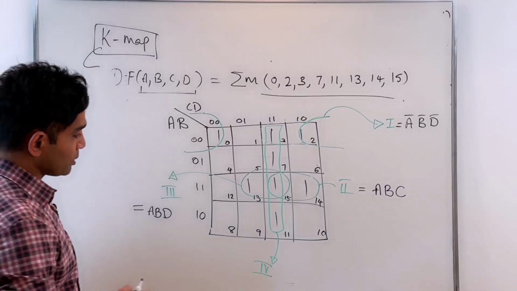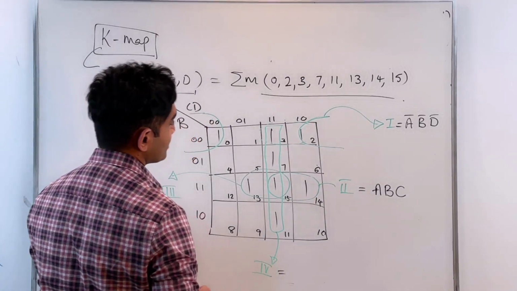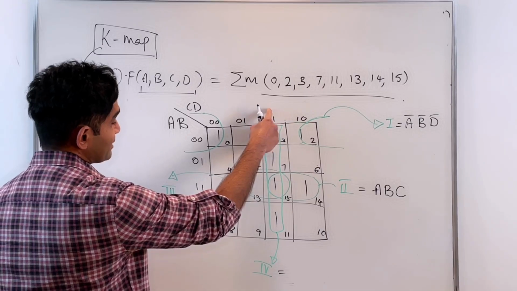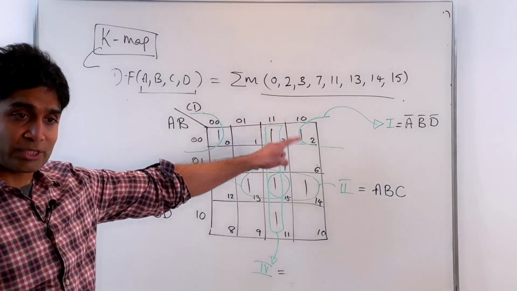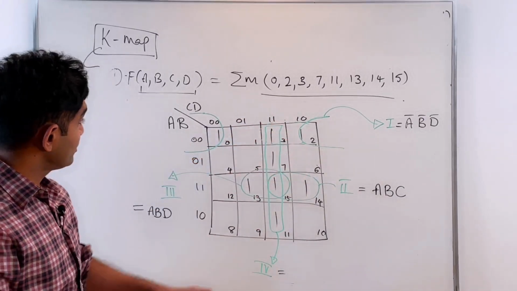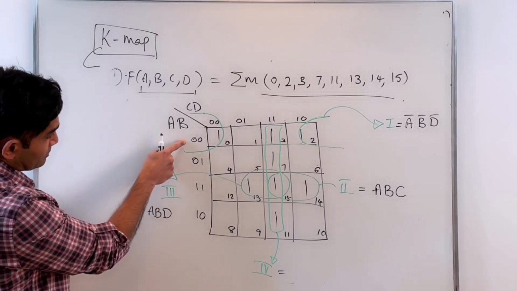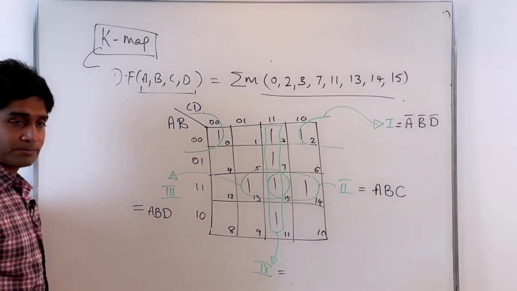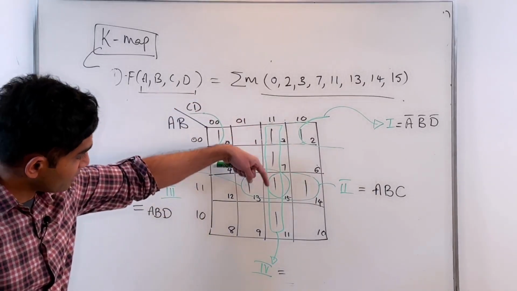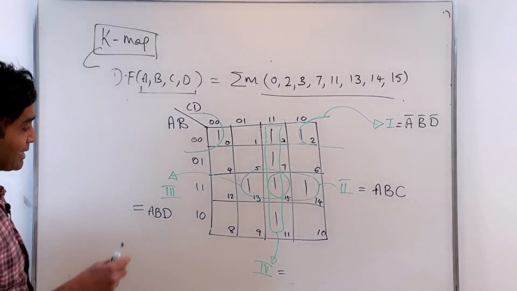And finally, the fourth combination. In this case, when I go down this column, C and D don't change. They remain as C, D. My A and B values change, ranging across all the values from 0 to 0 and so on, so those get eliminated.